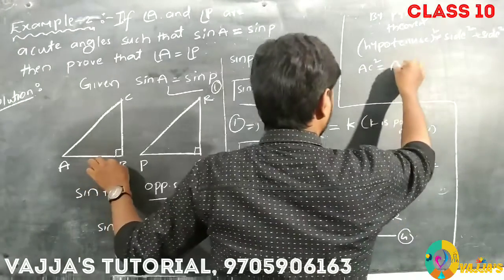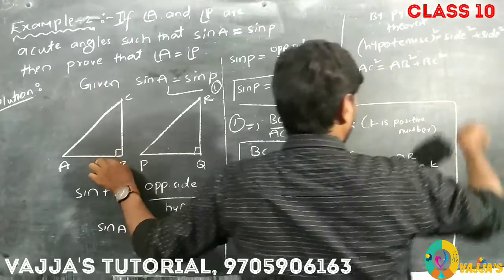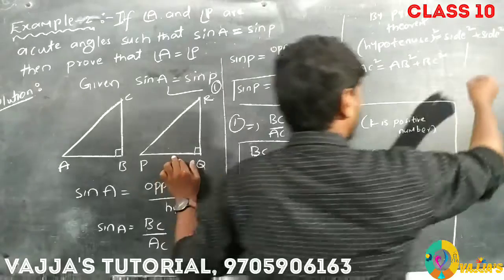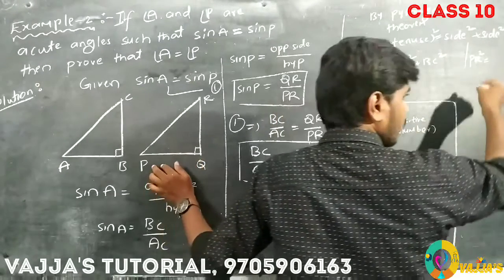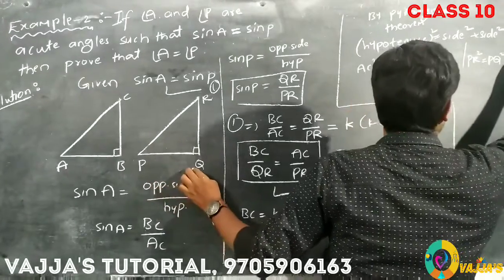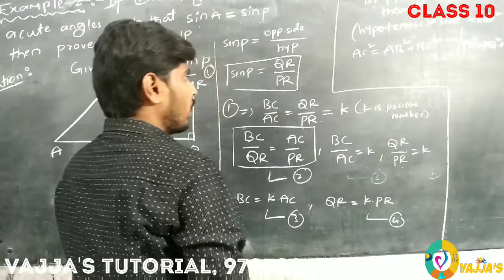In this triangle, PR is the hypotenuse, isn't it? PR square is equal to PQ square plus QR square. So what can we write here?